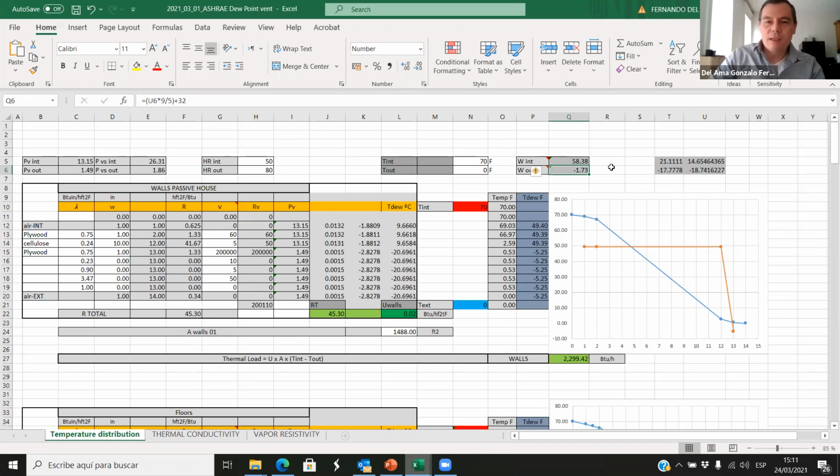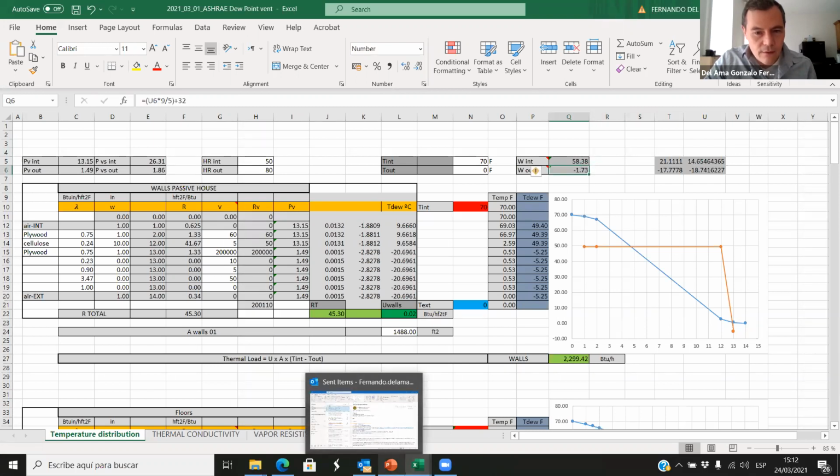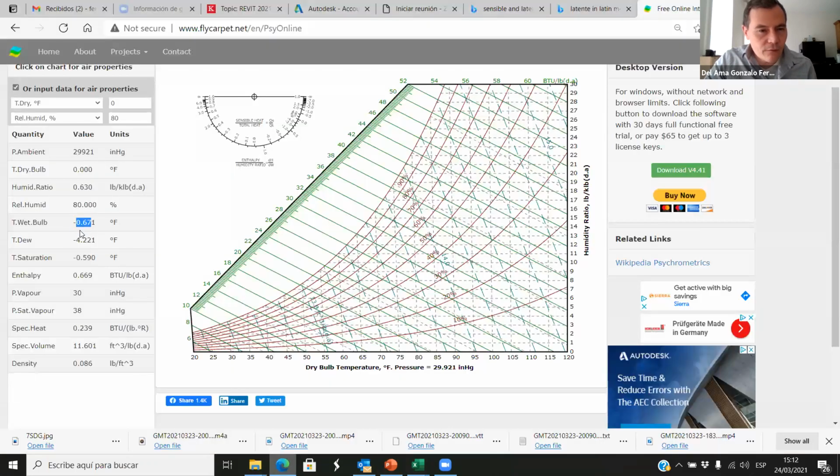It's not a big deal. I mean, it's not a huge mistake having this. And if we want to be on the safe side, we have made a mistake, but if this number were higher than the number that we get from this wet bulb, I would be worried, because probably I'm too optimistic.